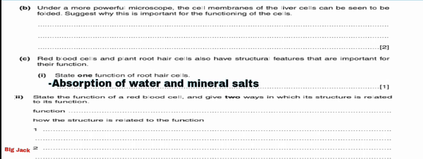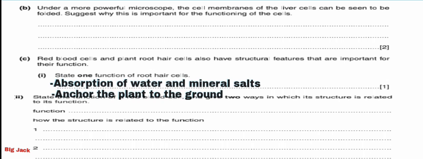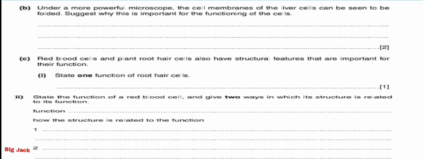Then apart from the absorption of water and mineral salts, we can talk of anchoring the plant to the ground. So the root hair cells also anchor the plant to the ground. Then if you don't want to say that one, you can also say the root hair cells act as the storage organ.